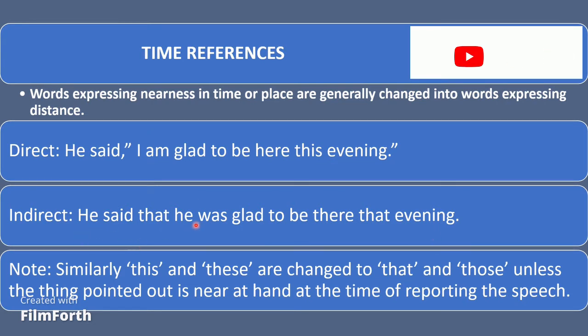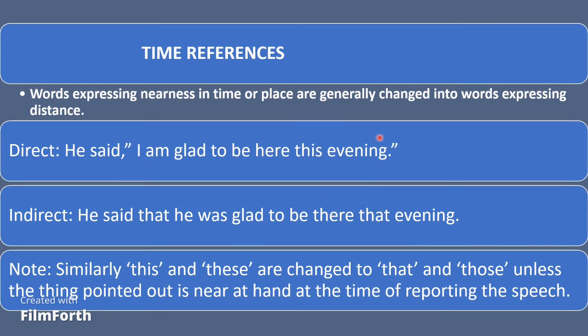He said that he was glad to be there that evening. Please remember to make these changes. Here becomes there, this, that, evening remains the same. Now, please take care of this note. This and these are changed to that and those, unless the thing pointed out is near at hand at the time of reporting the speech.